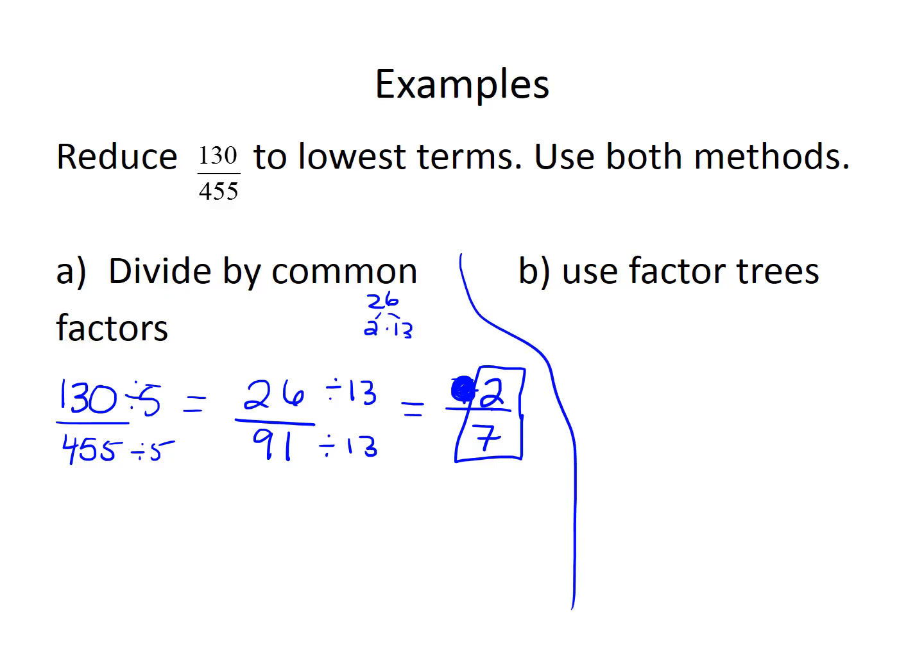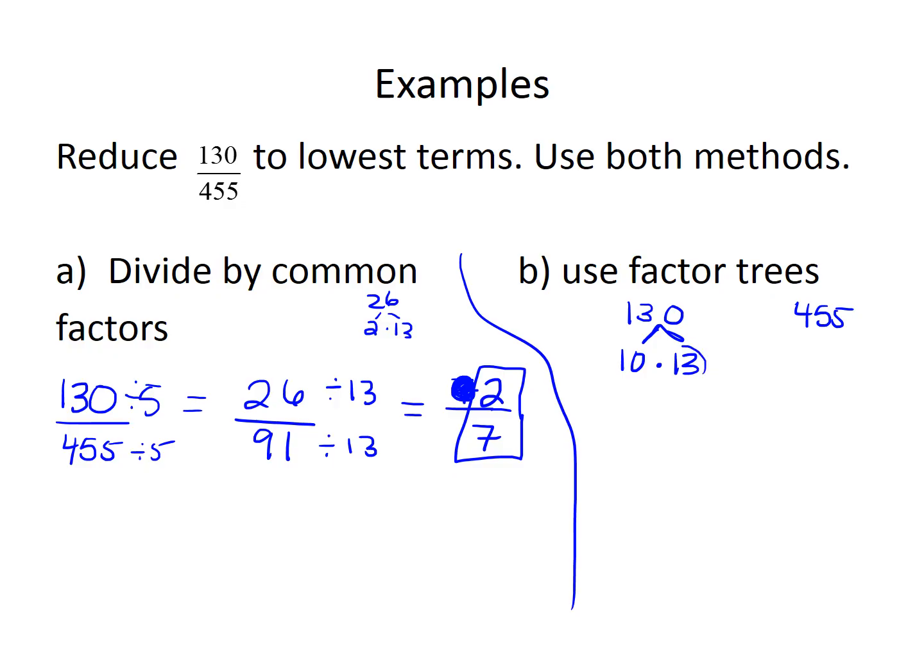So if you use factor trees, you take the factors of the numerator and denominator, or you think of a pair of factors that multiply together to give you 130. You could do 10 and 13. It doesn't matter how you start. You can do 5 and 26, but 10 and 13 jumps out at me, because it's just a 0 on the end.